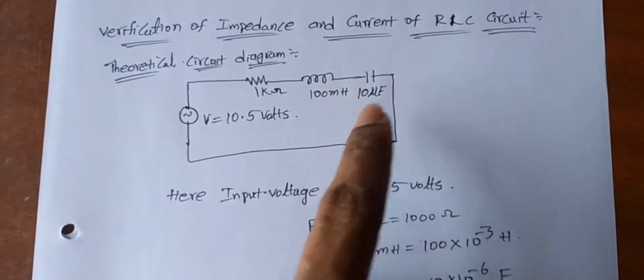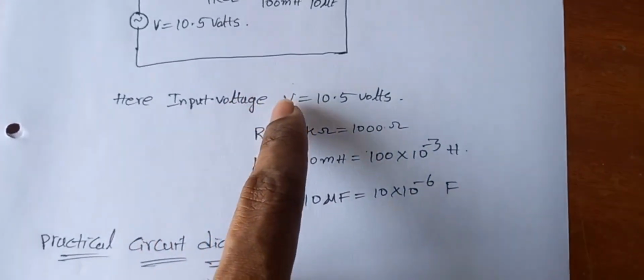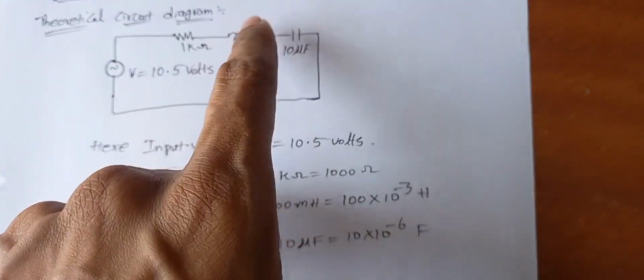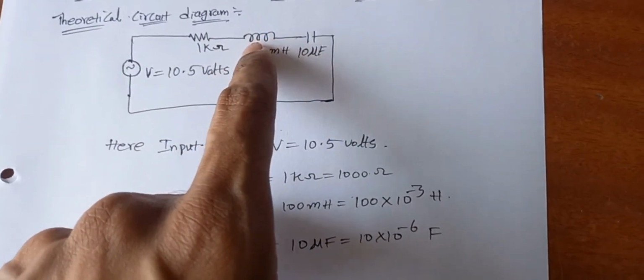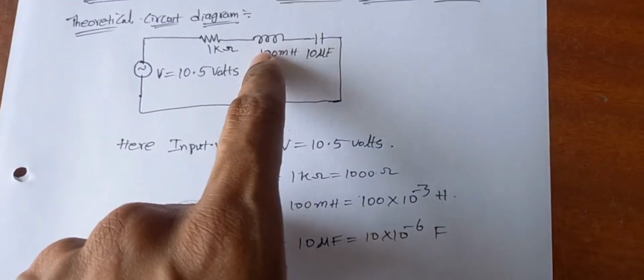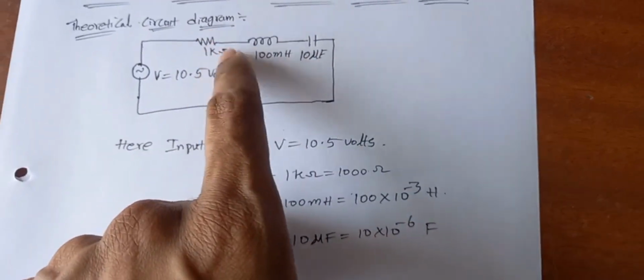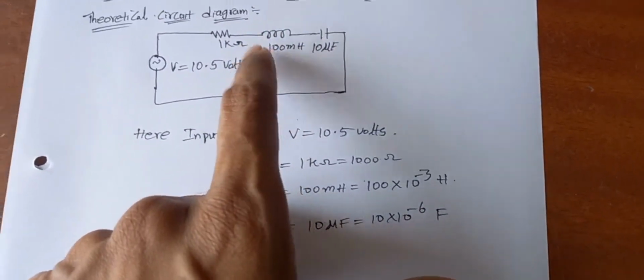This is a theoretical circuit, and here one extra element is there. In RL there is no capacitance, in RC there is no inductance, but here inductance and capacitance both are present in this circuit.